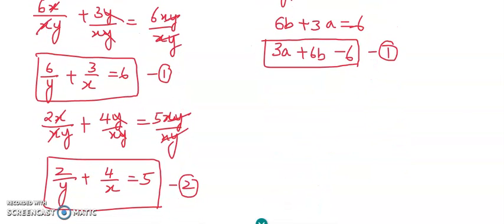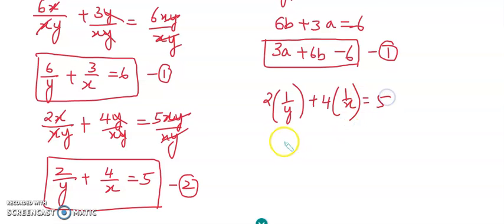Let's rearrange the next equation. It will be 2 times 1 upon y plus 4 times 1 upon x equals 5. So I'll get 2b plus 4a equals 5. Let's rearrange it. Oh, I forgot the equals 0 there. Sorry for the mistake.